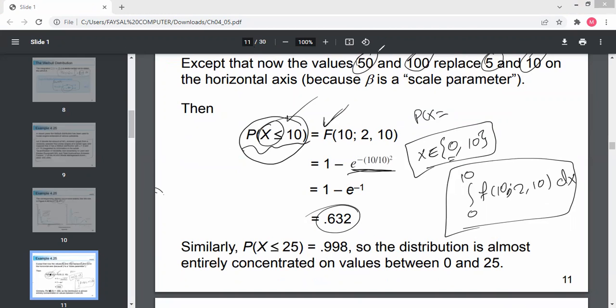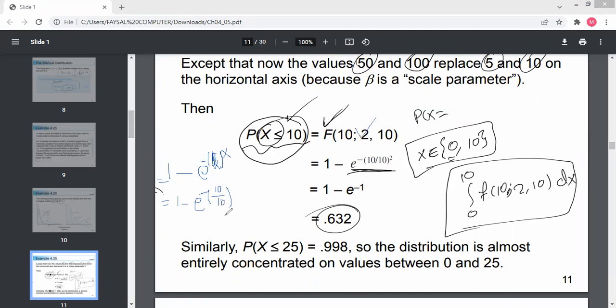It will be 1 minus e, where 10 is my x value and beta is 10, and x over beta is raised to the value of alpha. So it will be 1 minus e to the negative, by the formula, 10 upon 10.